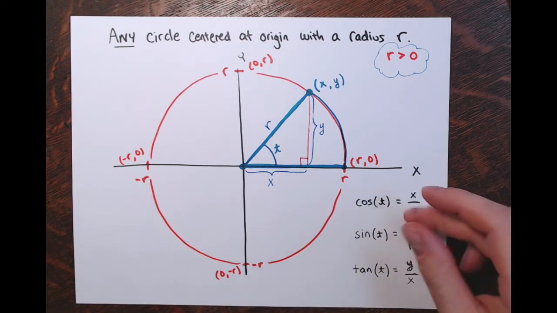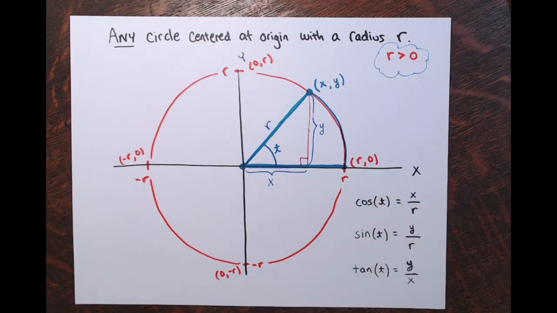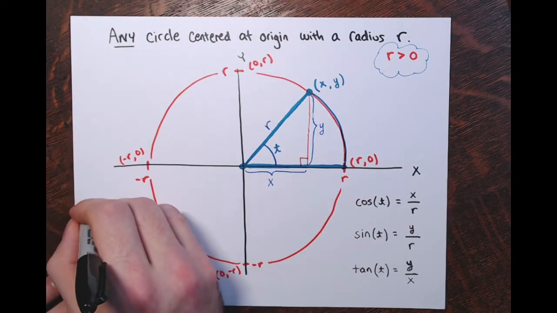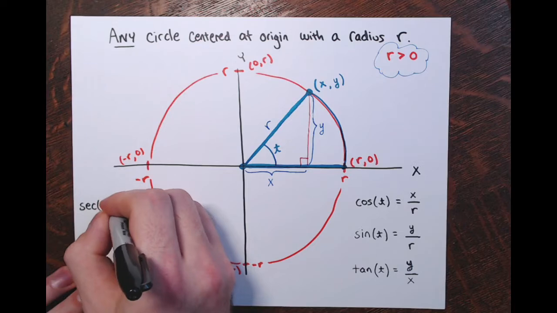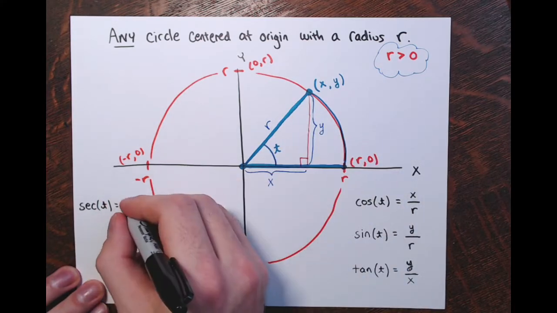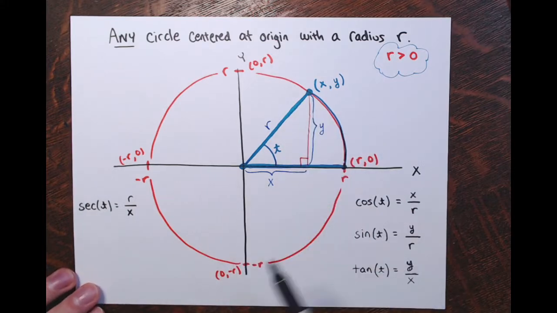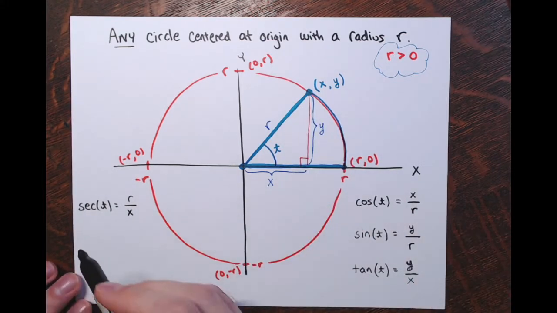All right, and then for the other three, remember the reciprocal of cosine is called secant. So the secant would be the radius of the circle divided by the x-coordinate of my point, just flipping over the cosine.